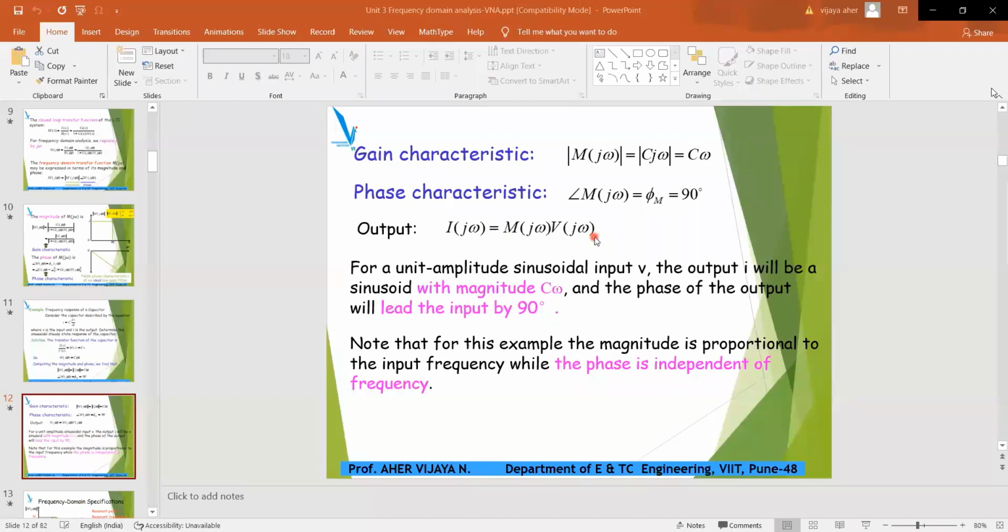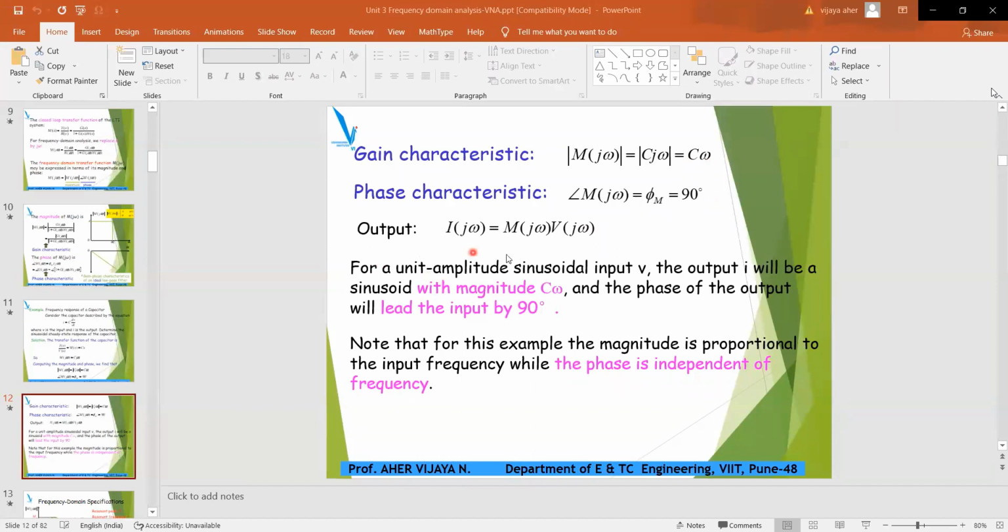And hence I have written Ij omega is equal to Mj omega, the transfer function in frequency domain analysis, into input. Input is Vj omega. So this is the equation for output current. In our case, current is output, voltage is input. And this is the equation for gain characteristics. This is nothing but phase characteristics. This is magnitude, this is phase.